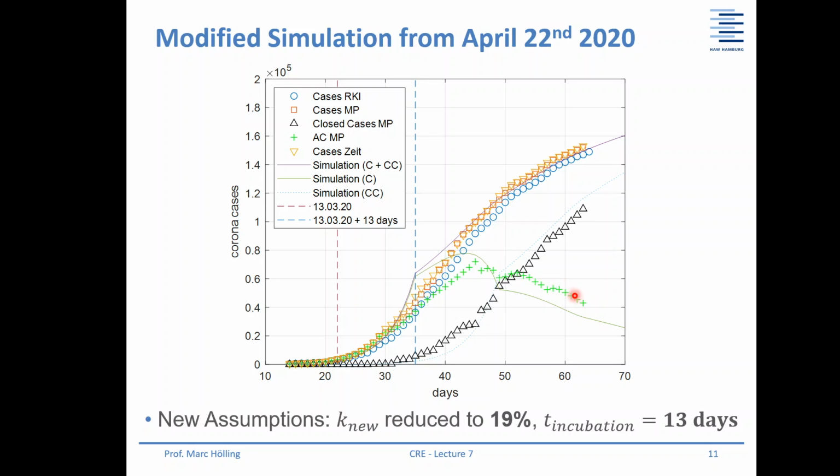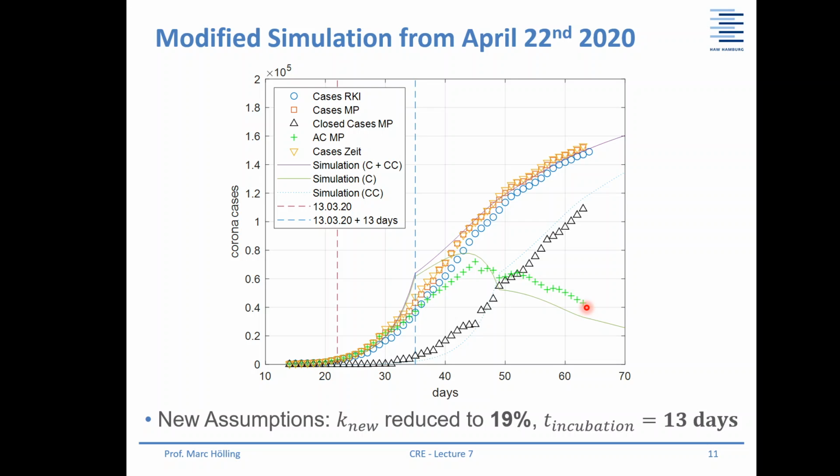This is the number of people that still have the coronavirus. So it's about 40,000 cases that we have right now. This is the difference between the total number of cases and the closed cases. These are the people relevant for infecting others.